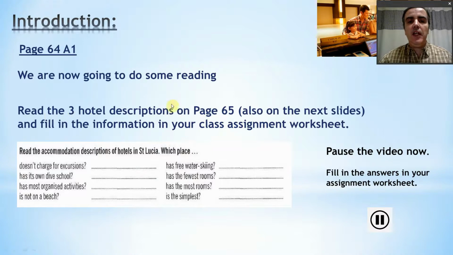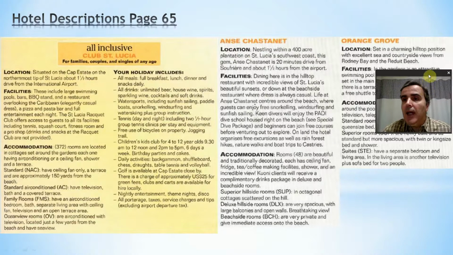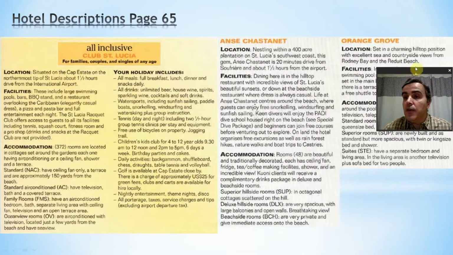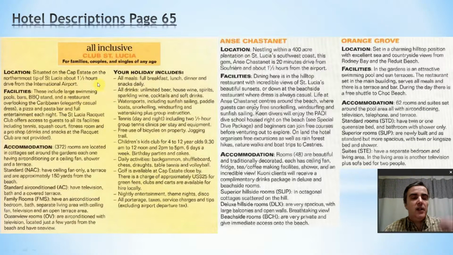So we've got three hotel descriptions on page 65. It's also on the next slide. If we look here, we've got Club St. Lucia, Ansa Chastanet, and Orange Grove. So three different hotels, and each of them you get a description.